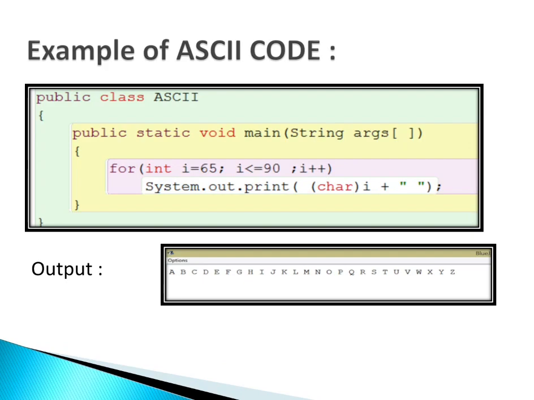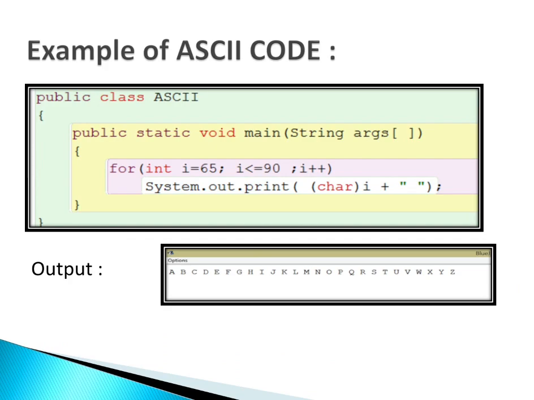I had written char there. Why? Because i is an integer and I want to convert that integer into character format. That's why I'm writing char there. I'm converting one data type into another data type. Then you are able to see the alphabet. Otherwise, if I'm not writing char there, then you are getting integer values, means in place of A you are getting 65, in place of Z you are getting 90.